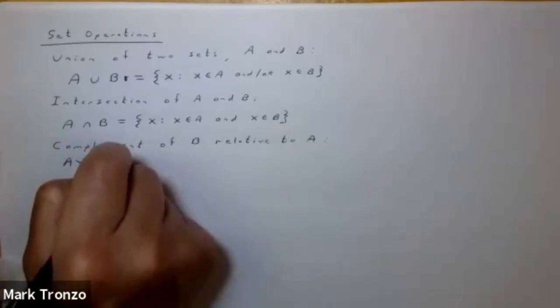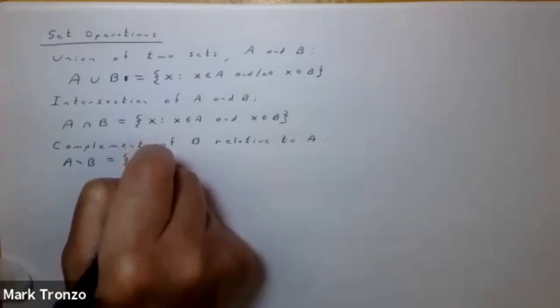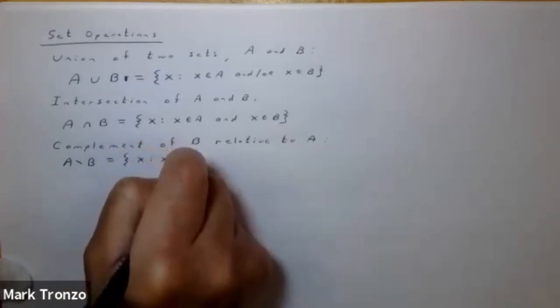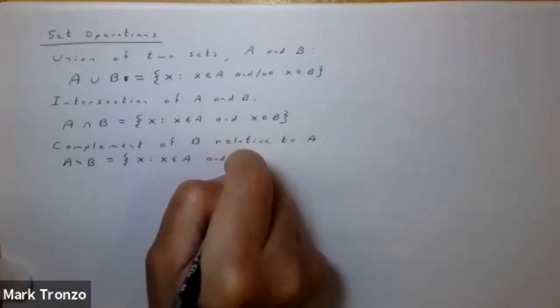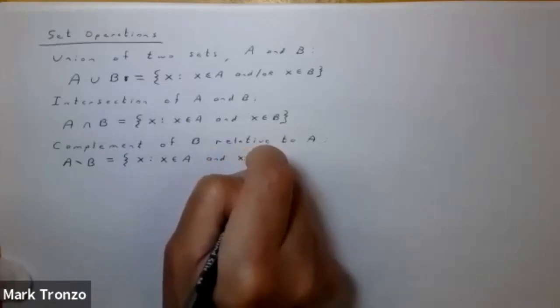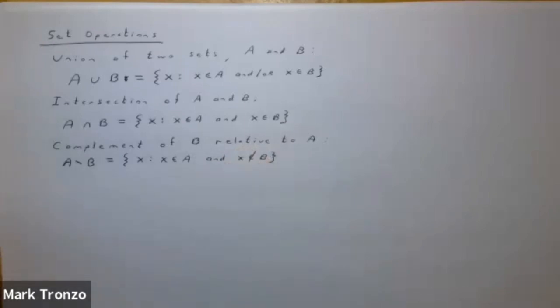And it's going to be those x's such that x is in A and it's not in B. So remember, the notation is not like that. Again, it's going to be anything that's in A, but you eliminate those ones that are also in B.